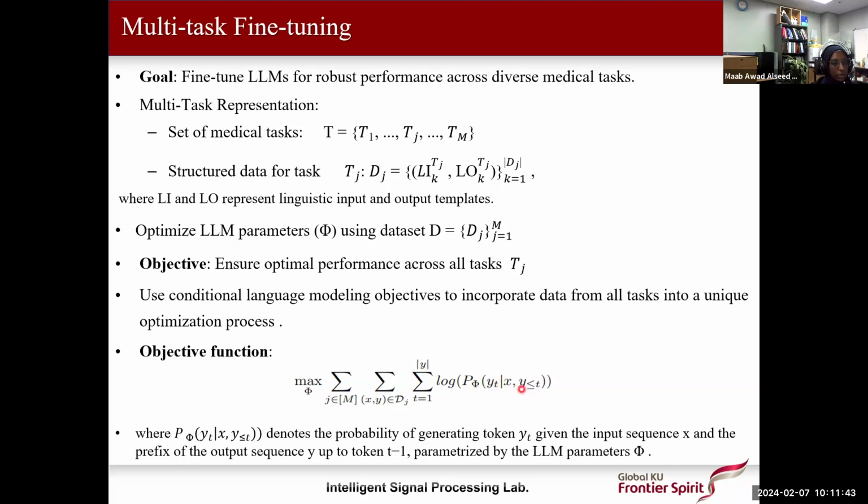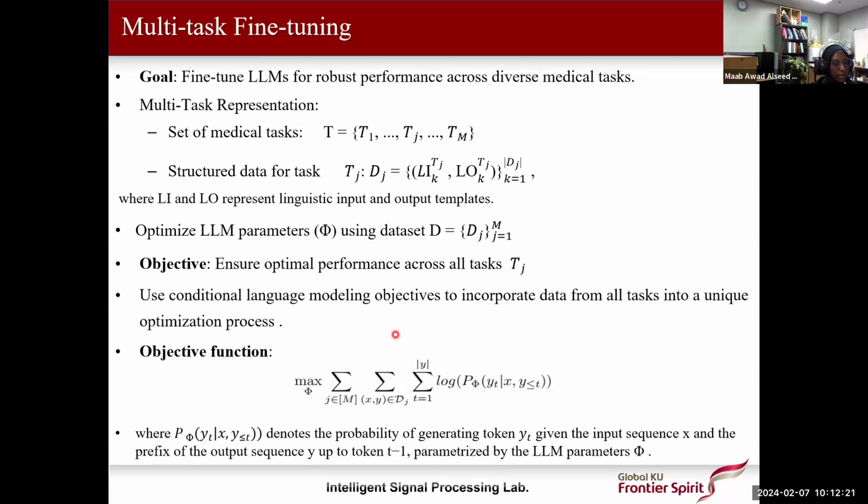Which is a conditional probability that depends on, here, the probability of generating the current output token y_t when we have the input sequence X and the prefix of the output sequence up to token t-1, before the current token generation.